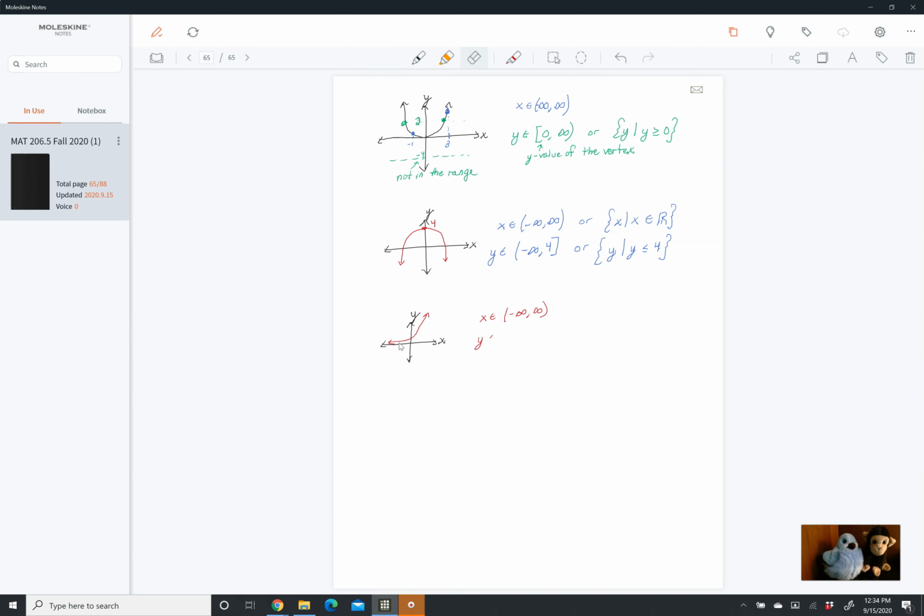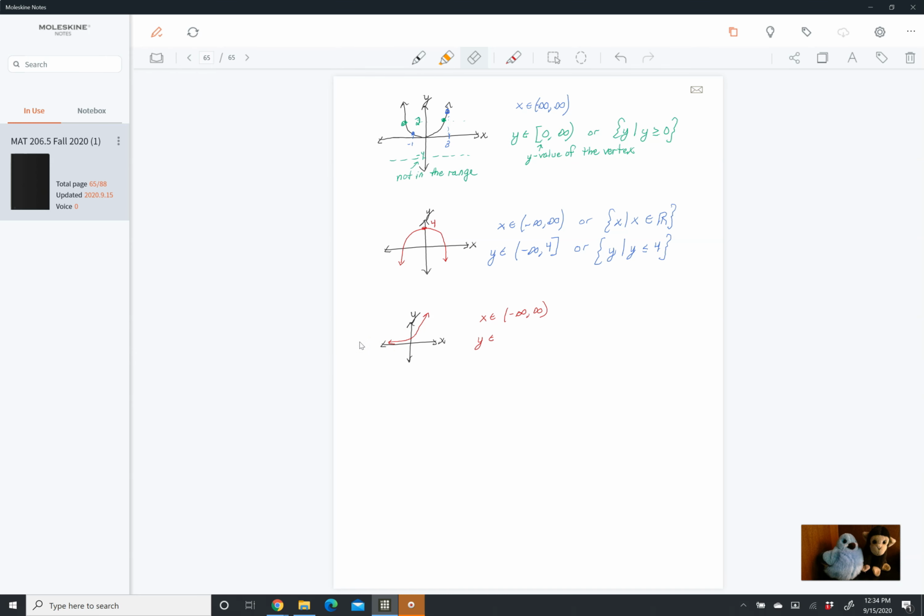And this time, for our range, the difference is that we never actually hit 0. Here, at y equals 0, the x-axis actually never hits the graph. This graph gets closer and closer to the x-axis, but it doesn't actually touch it.